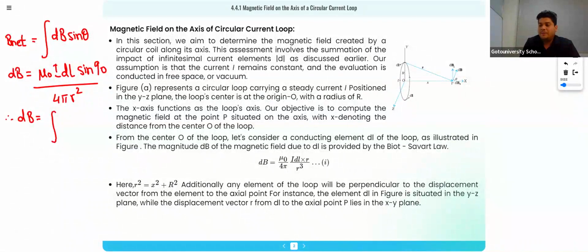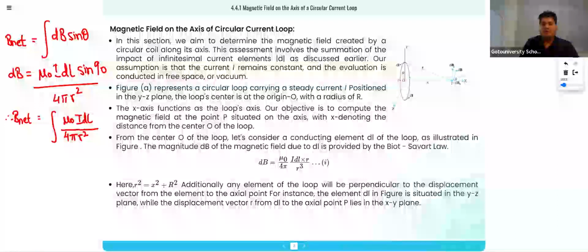So your B net will be equal to mu naught I dl upon 4 pi r square.